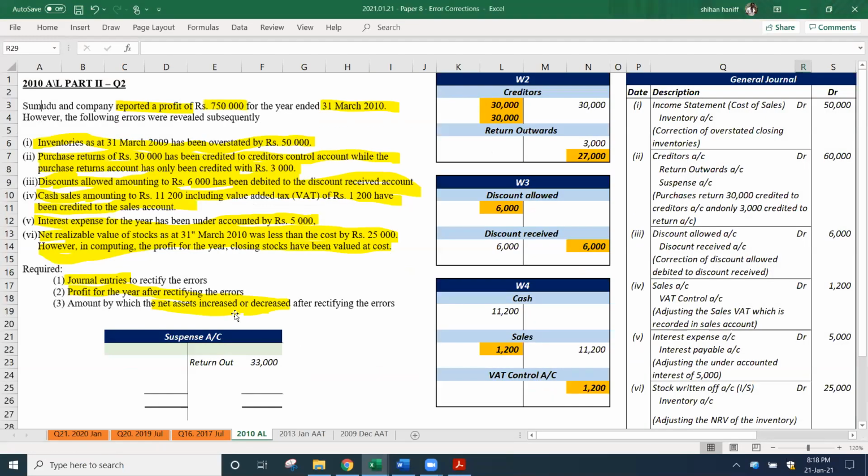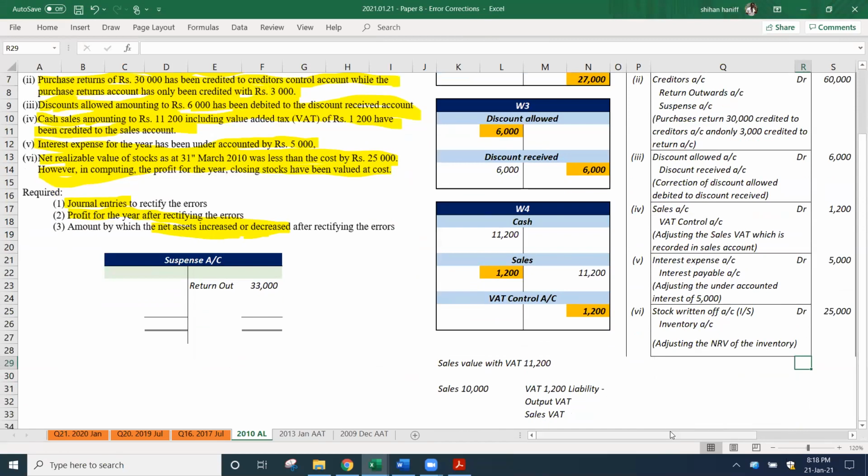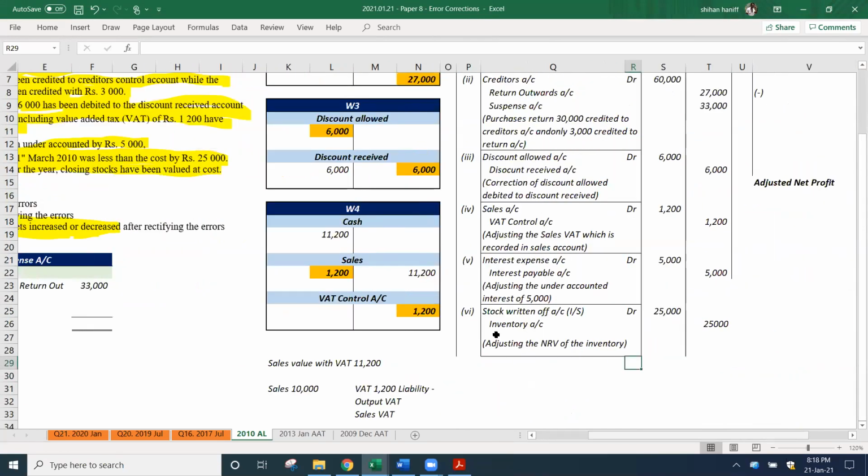the question. So in NRV, we write off. So the double entry for the writing off is the inventory account will be credited. Stock will reduce because we are planning to sell at 25,000 less.